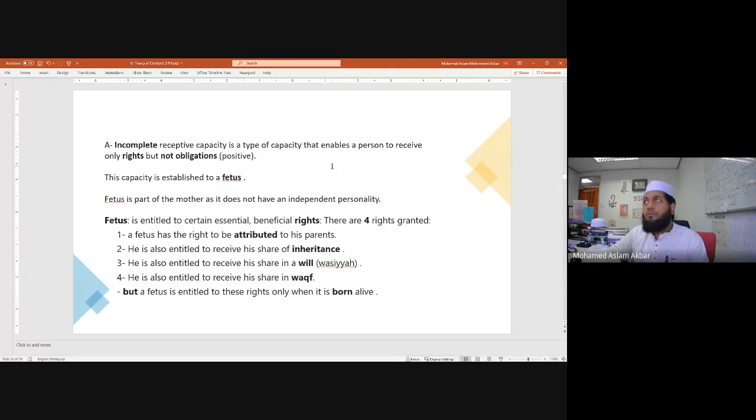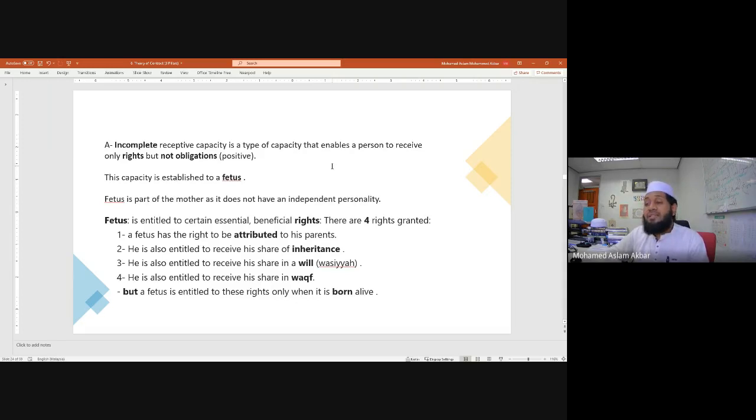You cannot say, okay, when your father passed away, you were not a baby, you were a fetus, for that reason you will not get your inheritance. You cannot say that, right? So he is also entitled to receive his share in a will, wasiyah. He is also entitled to receive his share in waqaf. If someone gives an endowment, he will share in it.